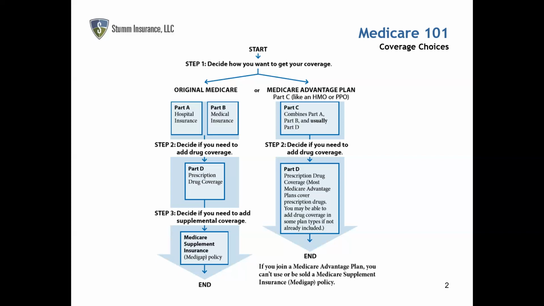Once you reach what's called the gap or the donut hole, every year the government says, okay, once you reach, and I can't remember the exact number this year, but it's around $4,000. Once you reach $4,000 in drug costs, not necessarily what you've paid, but they keep a running total of all your prescription costs.